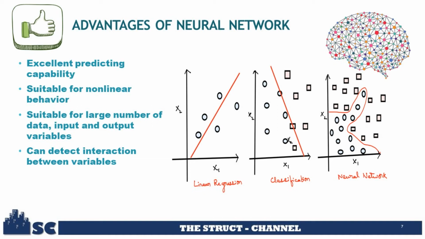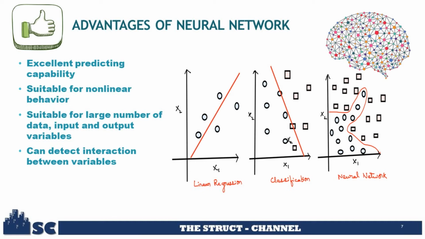There are several reasons why we choose ANN or Artificial Neural Network Model over other modeling tools such as linear regression, multiple linear regression, and many others. First, ANN has superior predicting capability.